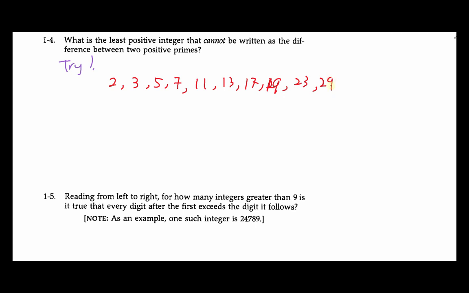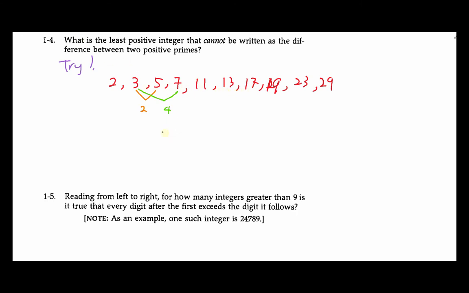29. Okay, so just looking at these numbers, let's try to figure out the difference. Okay, I can look at the difference between these guys, right? I see 2 difference. 4. Notice after 2 we have all odd numbers. 3, 5, 7, 11, 13, 17. These are all odd numbers.